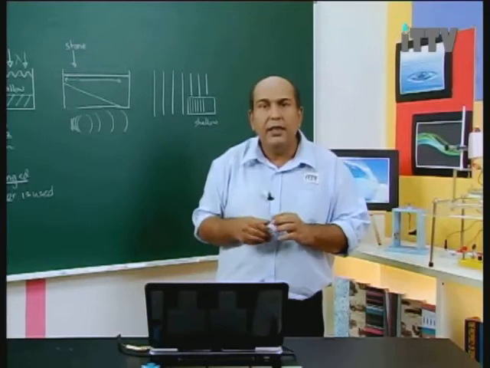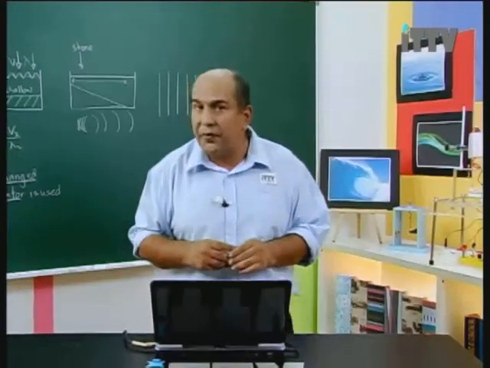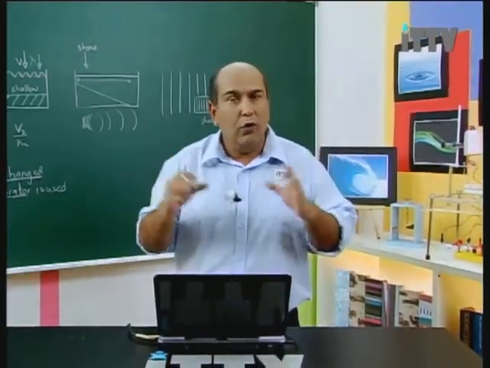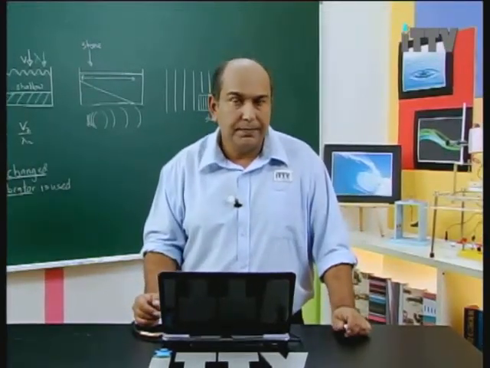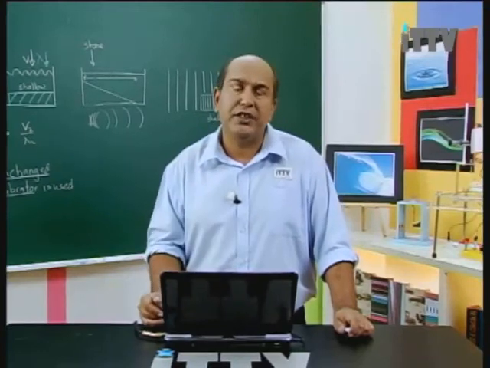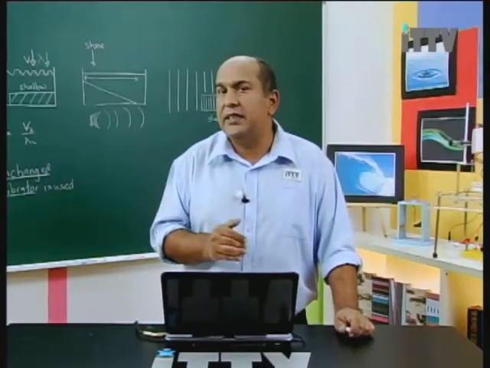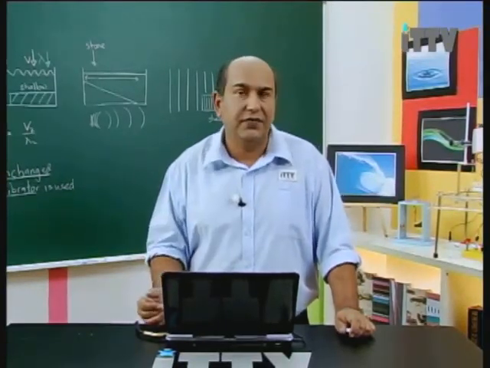So we should get a change that looks something like that, where over the shallow area the wavelength is shorter. There's no change in direction here because your angle of incidence is 90 degrees to the surface.